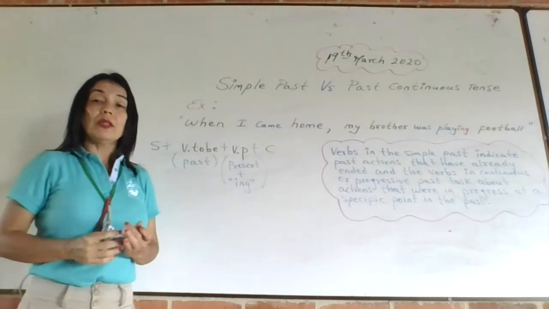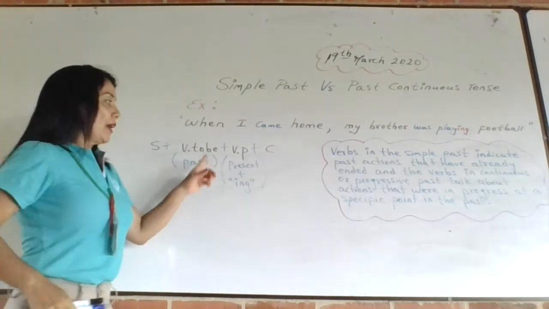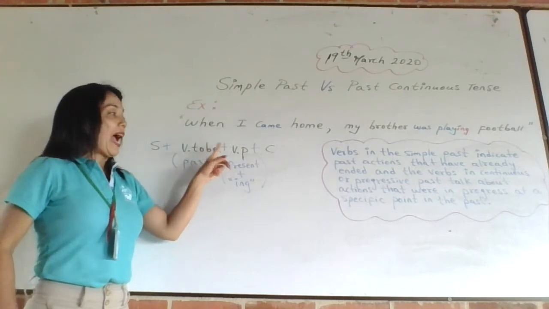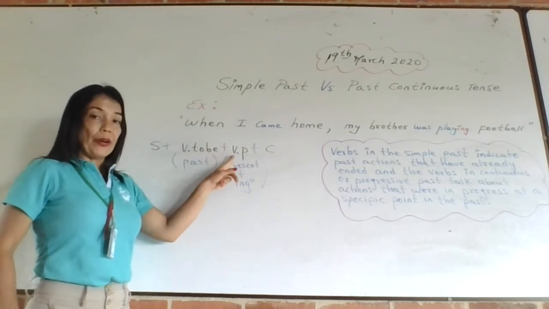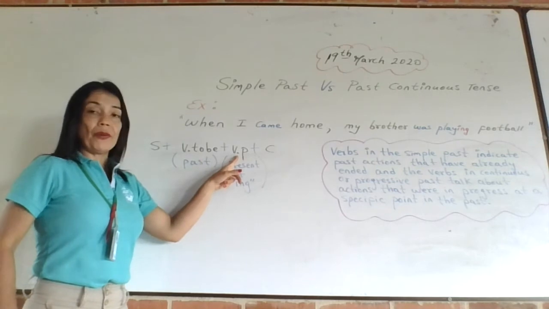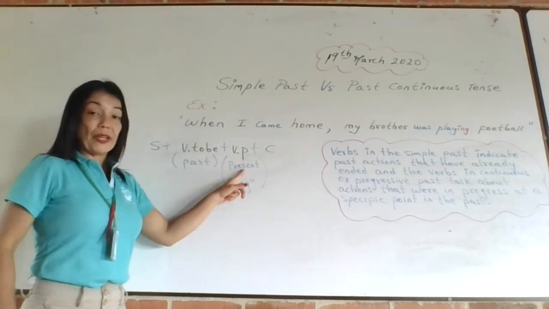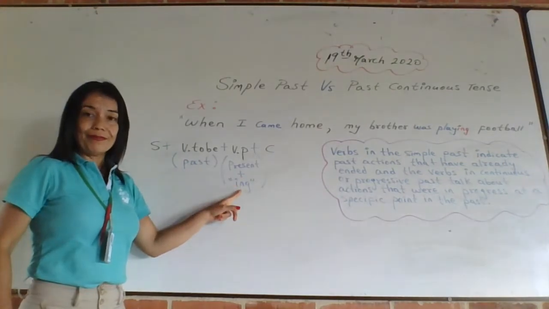Because the rule in English says every time you find another verb after the verb to be, this main verb is going to be changed with present plus the gerund.